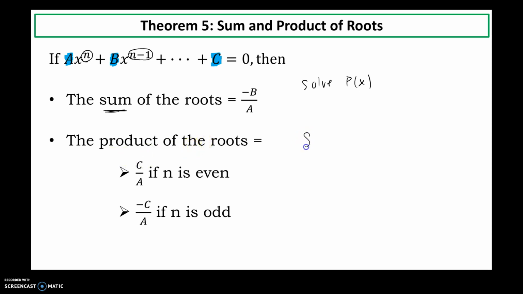Again, I'm solving some polynomial using all the methods that we've learned this chapter. The product of the roots is c over a, the constant term divided by the lead coefficient, if n is even. And the product of the roots would be negative c over a if n is odd. Remember that n is the degree of the polynomial.